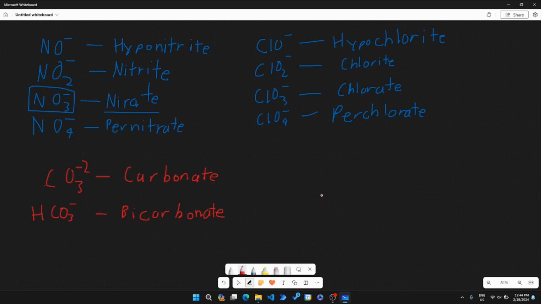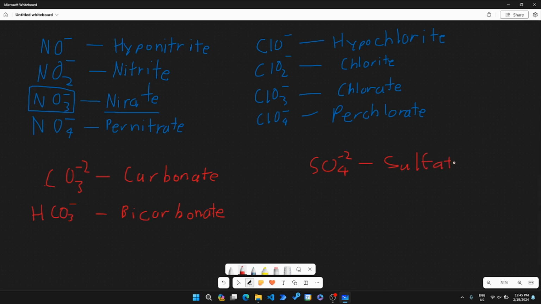And this also happens for sulfur. So you have sulfate and bisulfate. So sulfate is SO4 minus 2, and bisulfate is HSO4 minus. And sulfate is one of those cases where the ate is actually SO4.